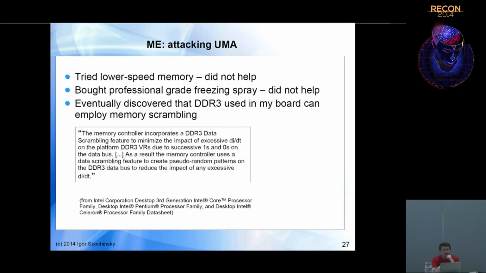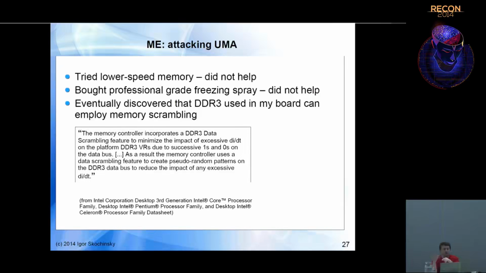So I tried it many times, just garbage. So I tried lower speed memory. I thought maybe it decays too quickly. I tried the freezing spray instead of just the compressed air. Didn't work. Eventually I discovered that because I used DDR3 and not DDR2, they implemented a feature called scrambling to reduce the signal interference on the address lines and data lines.